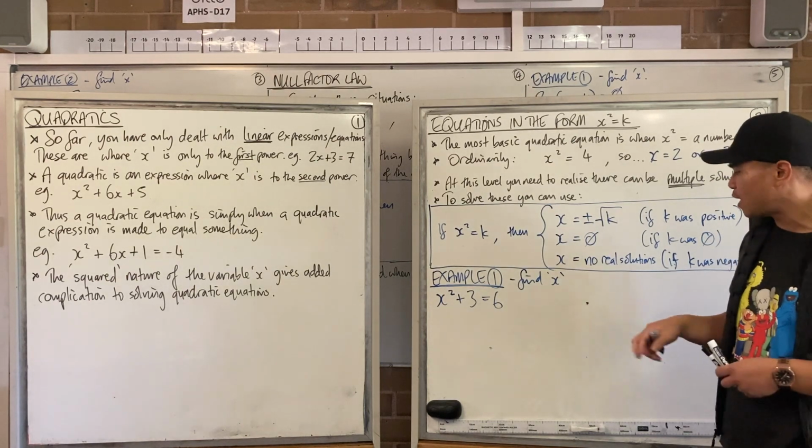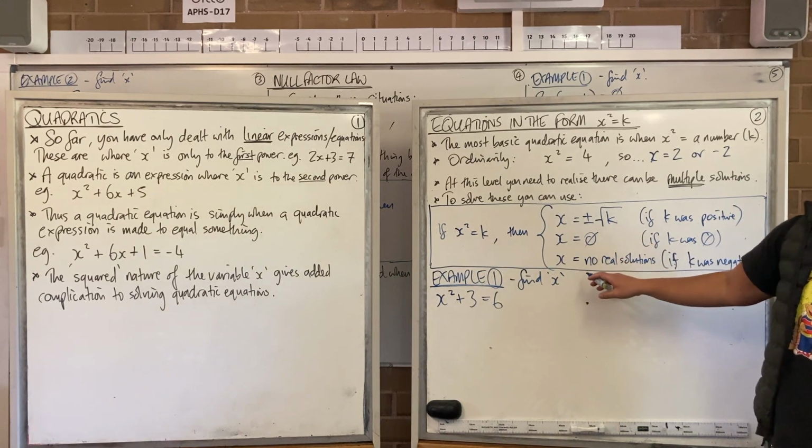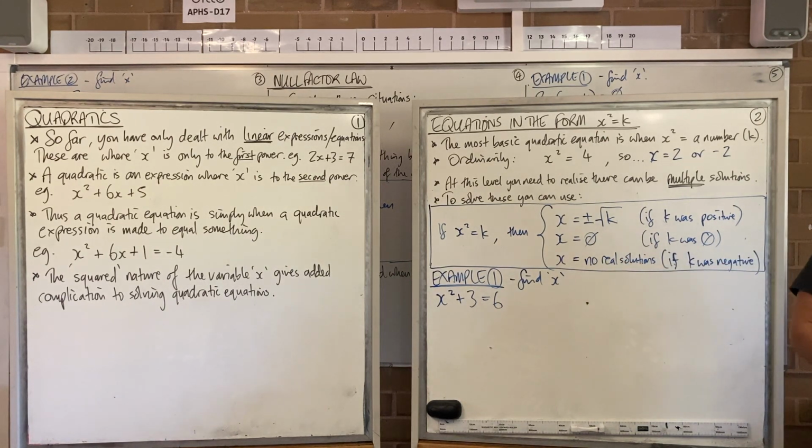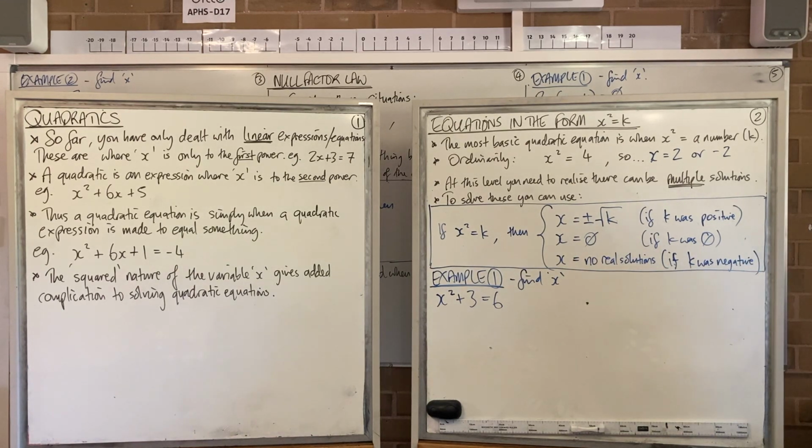For us at year 10 and methods kids, if you try to square root a negative number, you'll immediately say there's no real solutions. Okay? Now you're looking worried and everything, but for our context, you'll see what I mean when we start doing some examples. I'll give you a couple of minutes to just get this rectangle down, please. Go. And then I'll show you how to apply that rectangle.